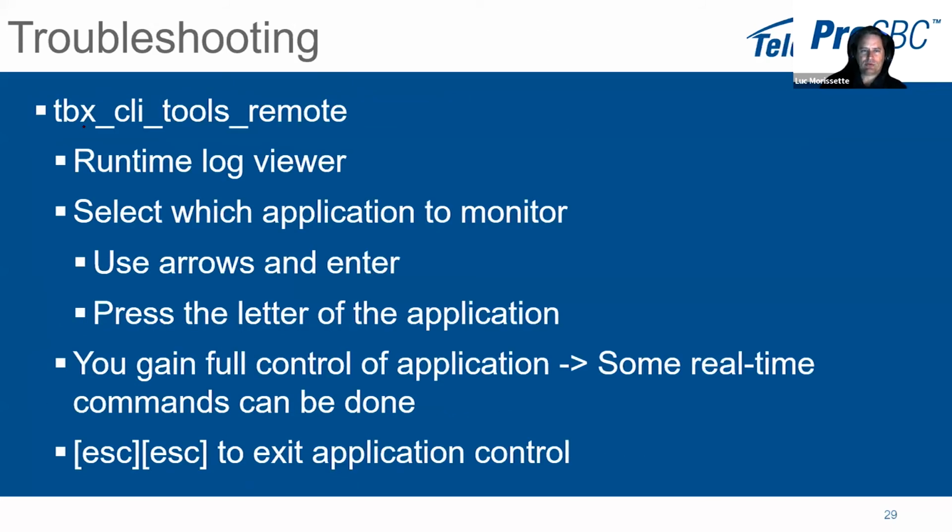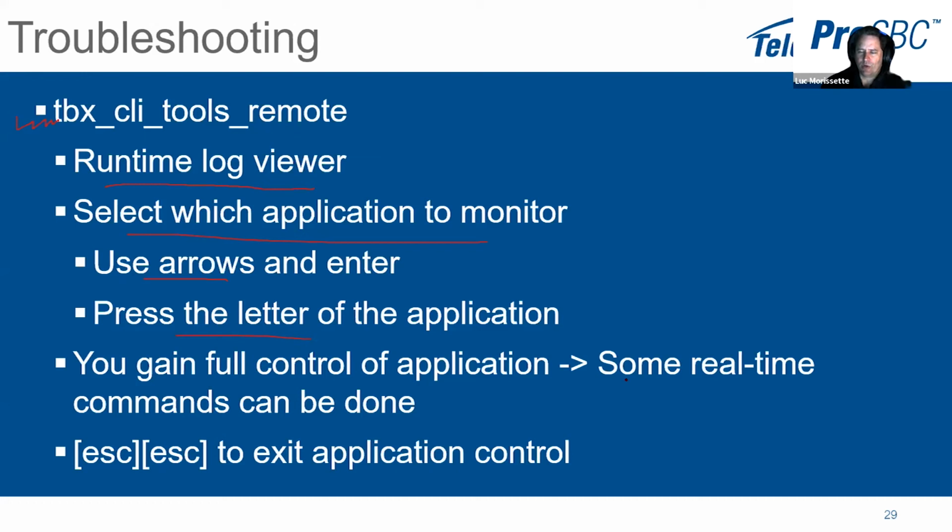And then we have this tool here that we have used many times already in these few days. It's a Runtime Log Viewer. So you see the logs printed immediately from any of these applications. You can select which application to monitor by using the arrow keys, or you can just press the letter of the application. You have to be careful because you gain full control of the application.